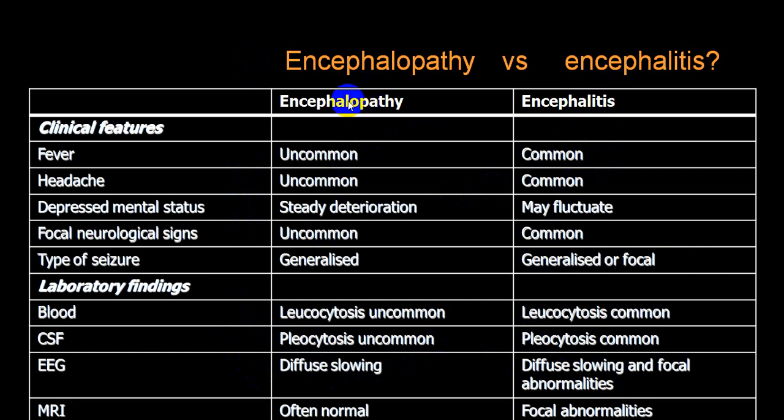In encephalopathy, it will be generalized diffuse slowing of the electrical potentials. MRI may very frequently be normal in encephalopathy, but in case of encephalitis, MRI will detect focal abnormality or focal lesions.